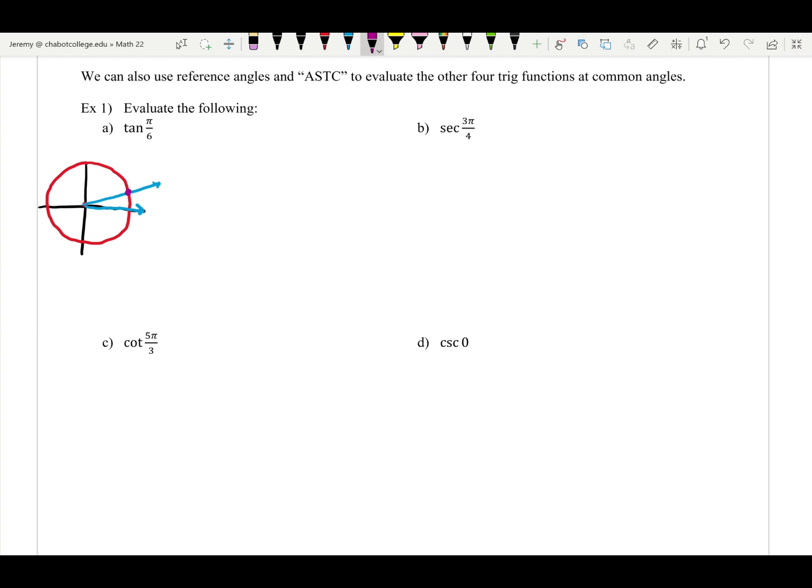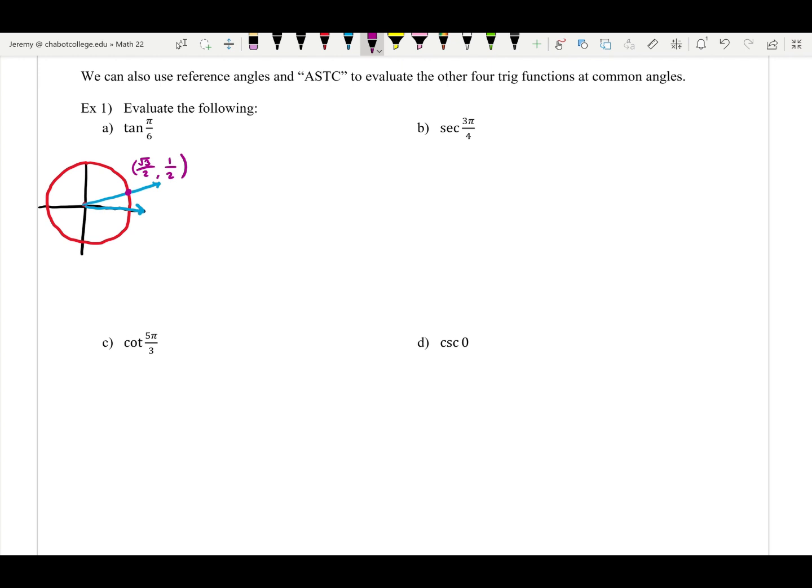And remember, for the terminal point, the x-coordinate is cosine, the output of cosine of that angle, and the y-coordinate is sine. Okay, so the terminal point is, and remember we're working on memorizing that first quadrant of the unit circle, it turns out that the x-coordinate is root 3 over 2, and the y-coordinate is 1 over 2.